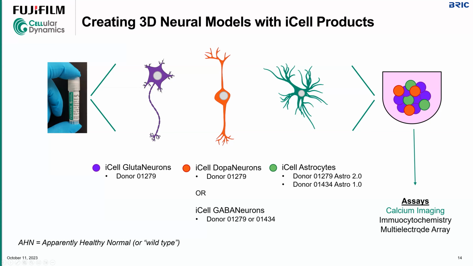And assay systems are super easy as well. You have an array of assays you can choose to focus on, including functional assessments of cells by calcium imaging. So again, calcium fluctuation analysis, and also electrical activity of the cells on MEA, and also obviously ICC, so immunocytochemistry for high content readout.